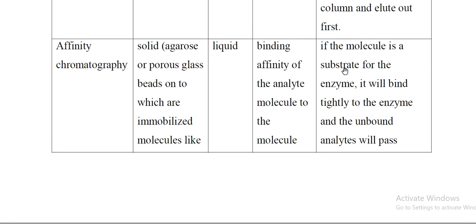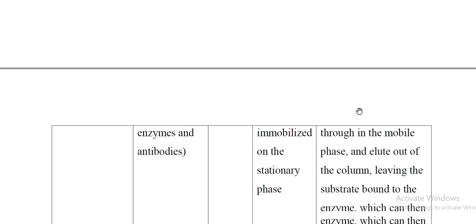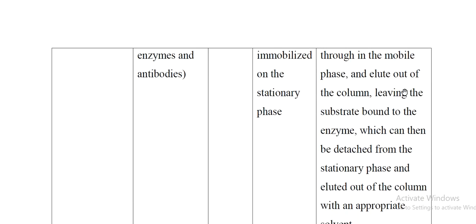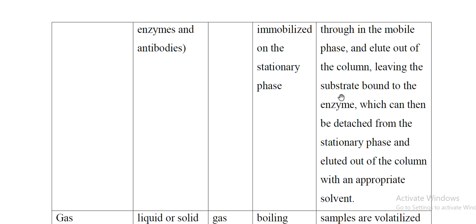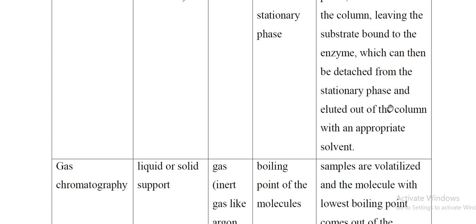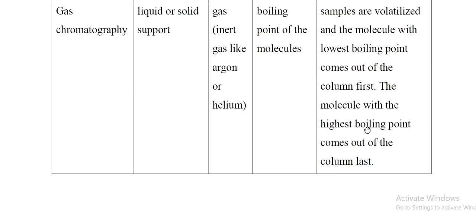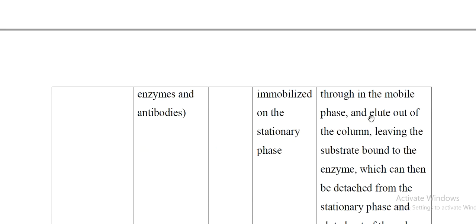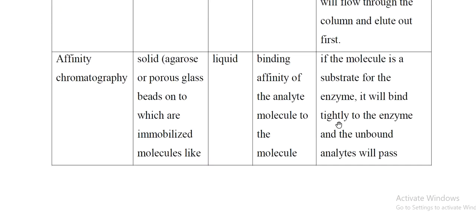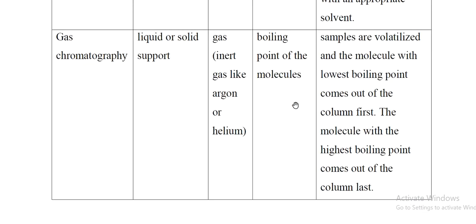If the molecule is a substrate for the enzyme, it will bind tightly to the enzyme, and the unbound analyte will pass through with the mobile phase and elute out of the column, leaving the substrate bound to the enzyme, which can then be detached from the stationary phase and eluted out of the column with the appropriate solvent. This is based on specificity: the enzyme binds the substrate while the rest don't bind, so they come out, and afterwards I isolate it.